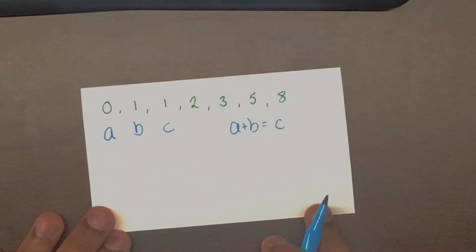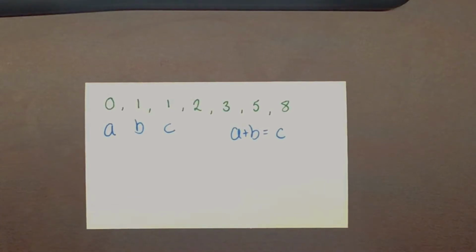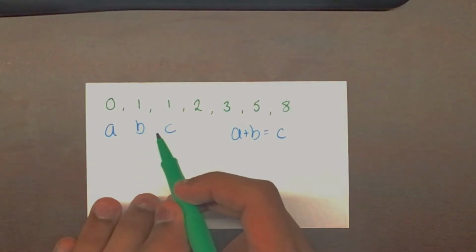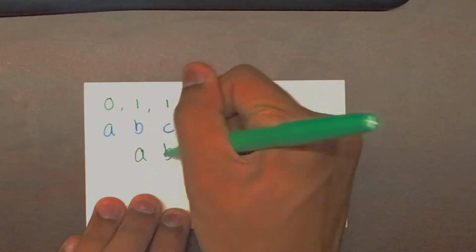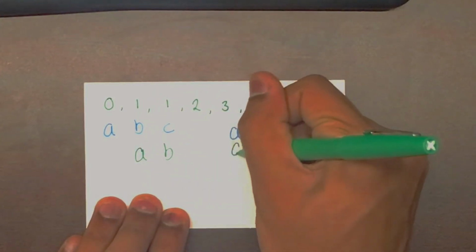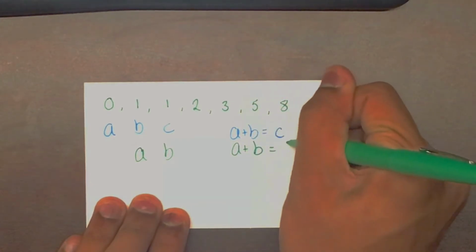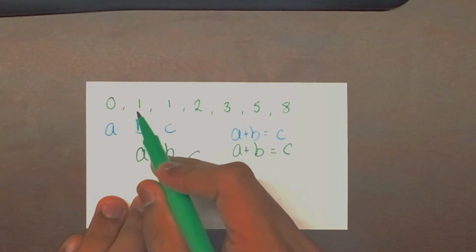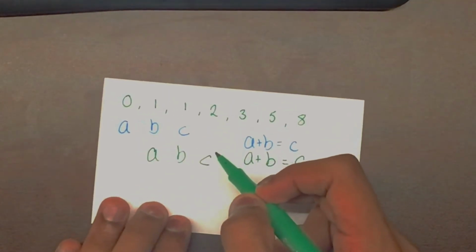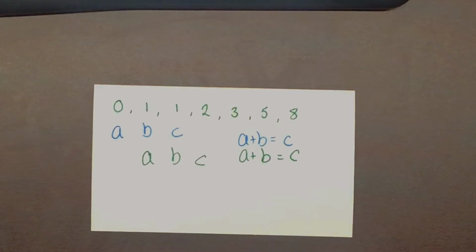So now we have A, B, and C. But in order to get that 2, in order to move along in the Fibonacci sequence, what we're doing is shifting the numbers. Now B will become A, C will become B, and now we can take A plus B to form our C. That makes us 2, because we know that A plus B, 1 plus 1, is equal to 2, or C. And then we build the next part of the sequence.